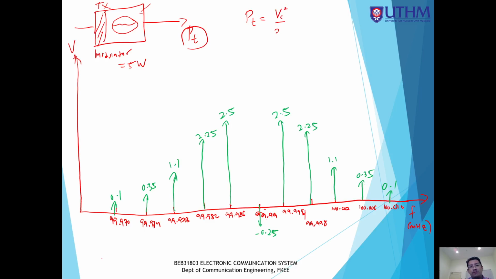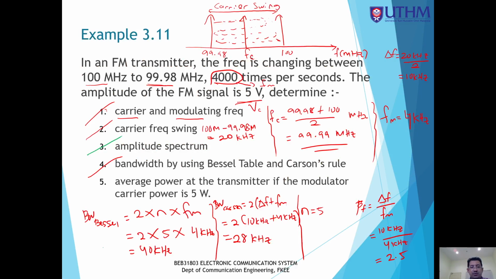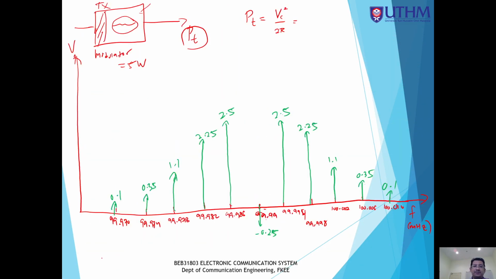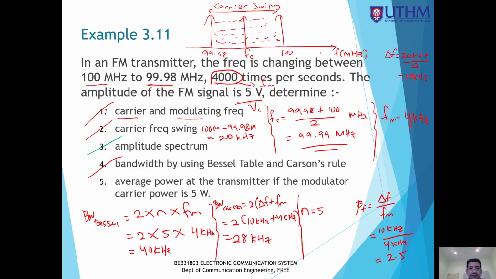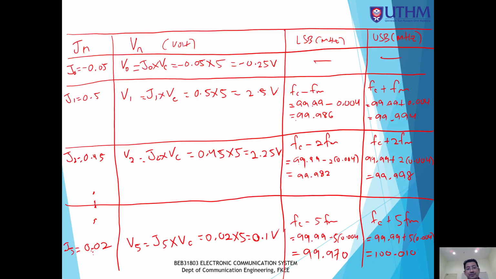VC is given in the question as 5 volt, so 5 volt squared divided by 2 times R. R is not given in the question, so assume that R is equal to 1.